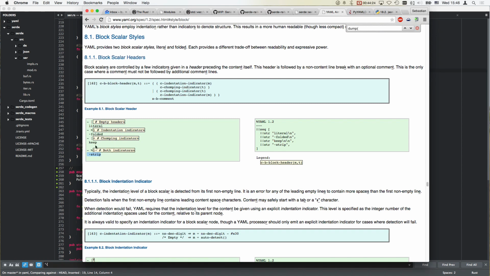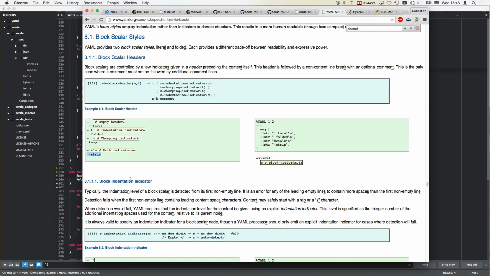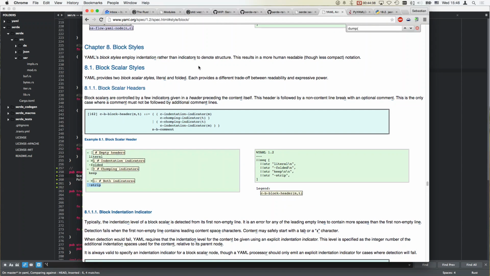I don't know. Employ indentation rather than indicators to denote structure. Yes, this results in human readable but less concise notation. Okay. YAML provides two block scalar styles, literal and folded.